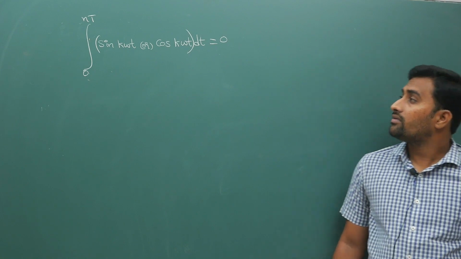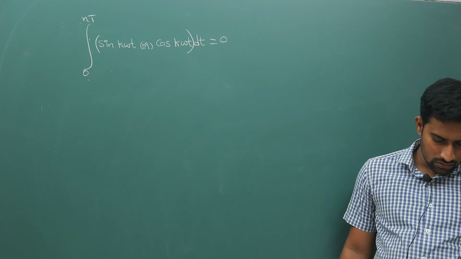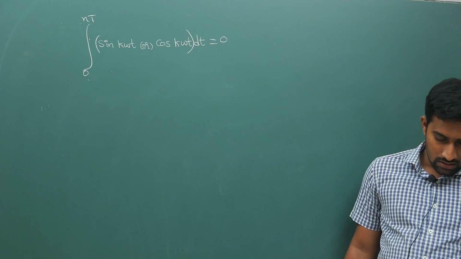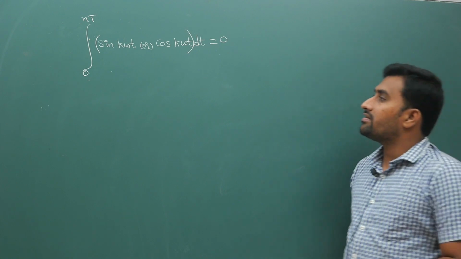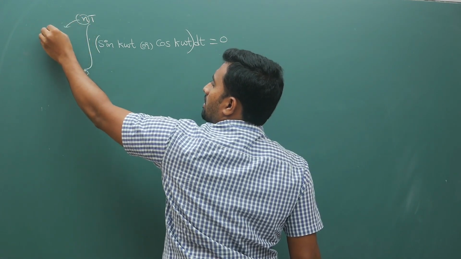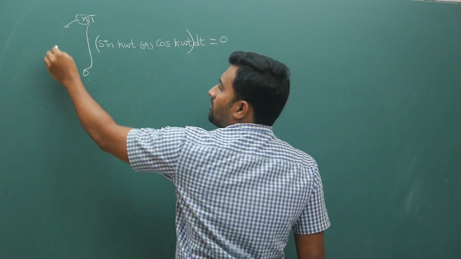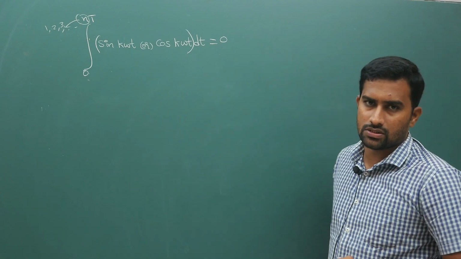Integral of sin k omega t cos omega t dt is equal to 0. Okay, right? Now for integral numbers, meaning integer numbers 1, 2, 3 and so on, for such numbers its value is 0.